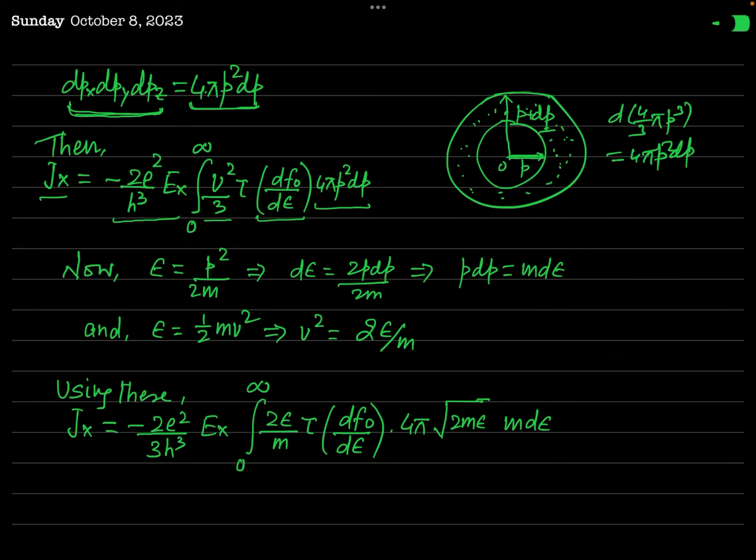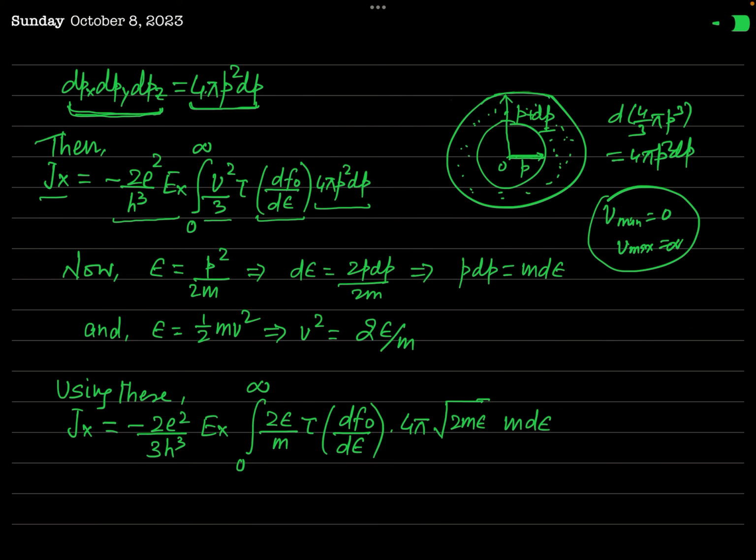So this is a mixed idea. Here the minimum value of the speed of electron is taken 0 and the maximum value is taken infinity. This is a classical idea. Okay, so the limits have been taken 0 and infinity.